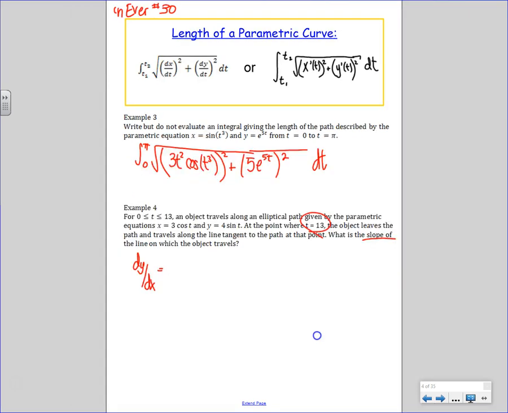Is it really that easy? The answer is yes, but did you have to read and analyze a little bit more than we've had to? Maybe. Just a little bit. So y prime equals 4 positive cosine. x prime, negative 3 sine. Plugging in t. Would that be a calculator problem? The answer would be yes. And you would throw it in.